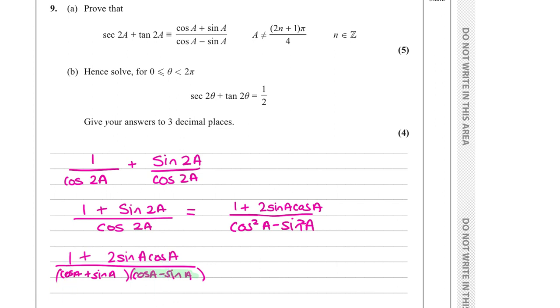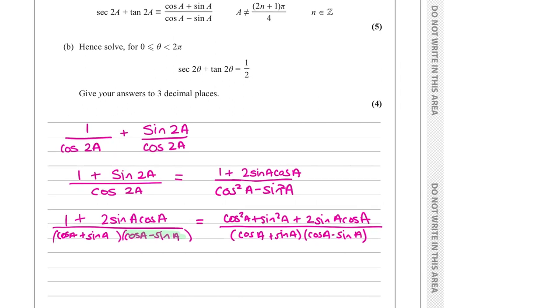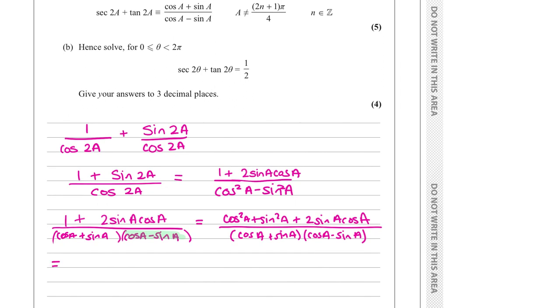Everyone knows that the number 1 is also cos squared plus sine squared, don't they? So I get cos squared a plus sine squared a plus 2 sine a cos a all over cos a plus sine a and cos a minus sine a. Now, we can actually factorize the numerator. This is just a little trick.